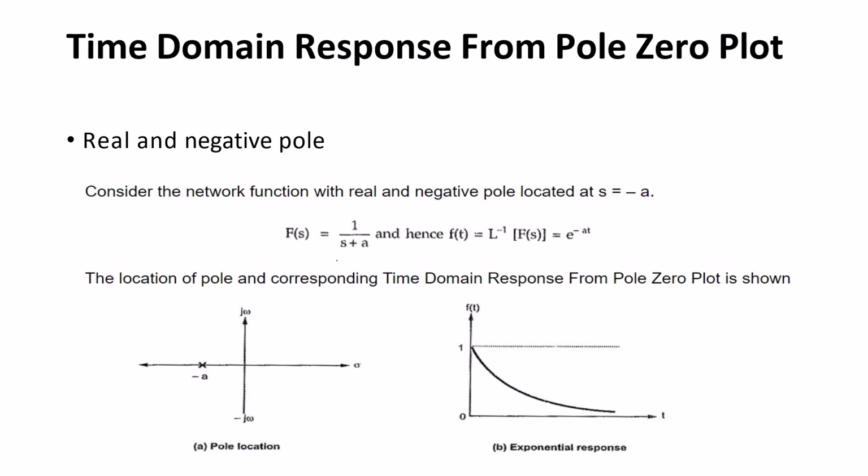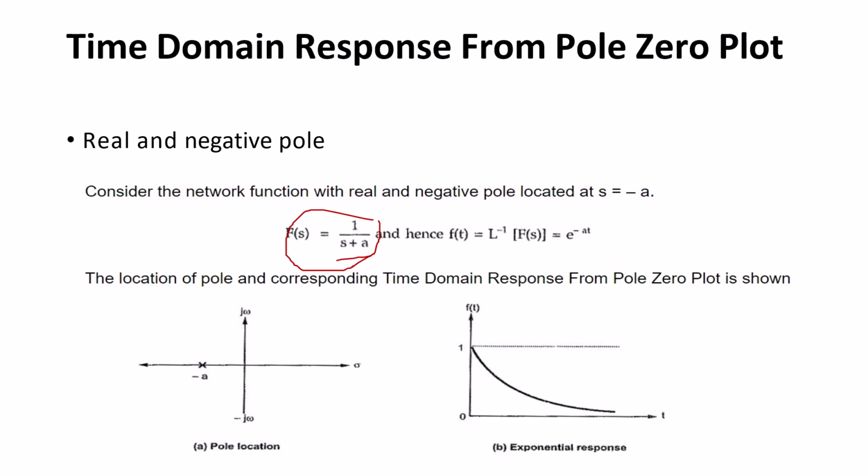To draw the time response, we have to take it to the time domain using the Laplace inverse. The Laplace inverse of 1 by s plus a is e to the power minus at. If you plot the response, we get this type of response. As time increases, it is getting saturated.